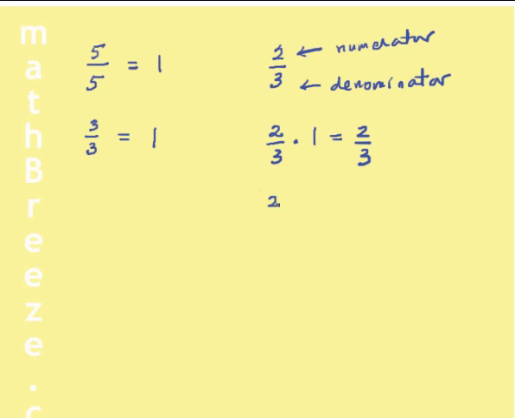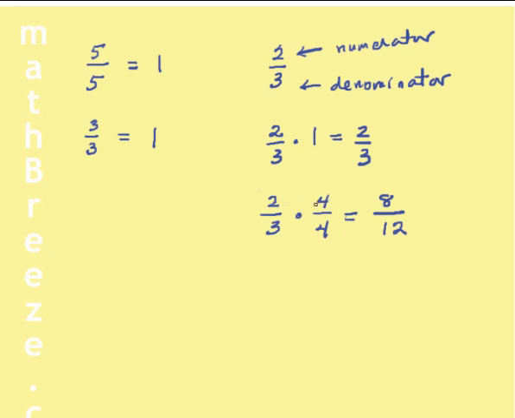So if we multiply 2/3 by, let's say, 4/4, which is equal to 1, multiplying across the top, we have 8. Multiplying across the bottom, we have 12, because that's how we multiply fractions. We'll actually see that later.